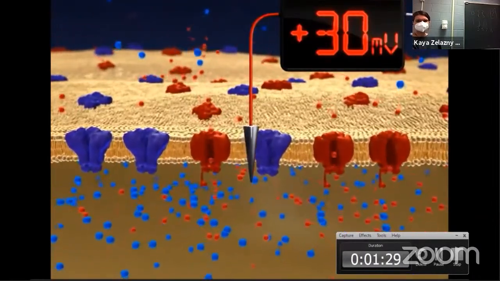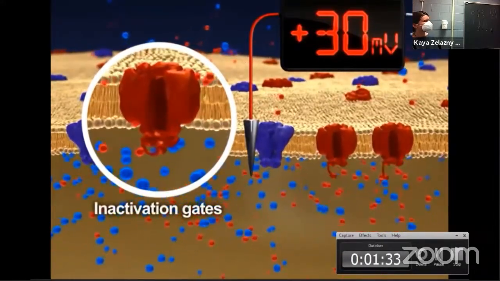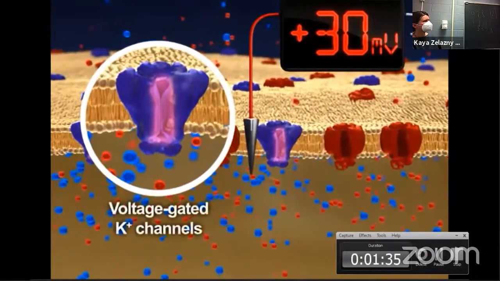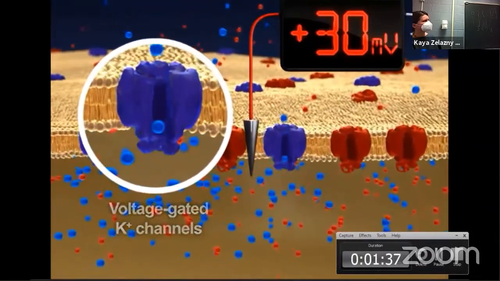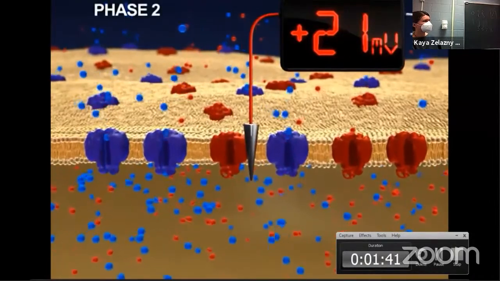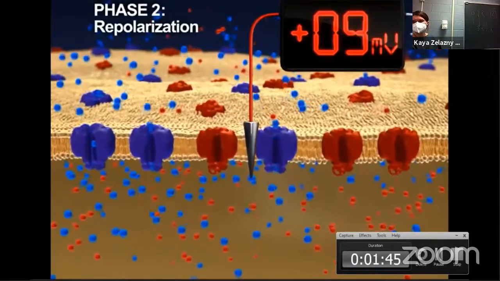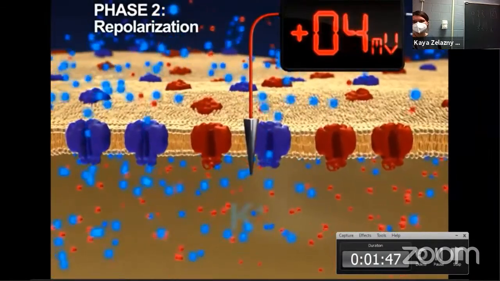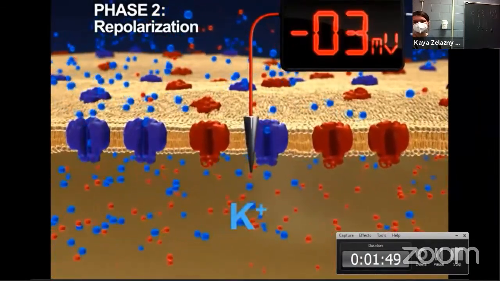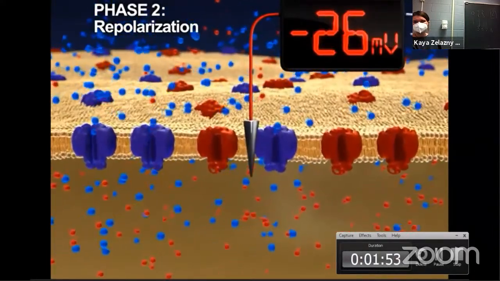Key events occur. The inactivation gates of voltage-gated sodium channels close and voltage-gated potassium channels open. These two events mark the beginning of phase 2 of the action potential, known as repolarization. As potassium ions diffuse out of the axon, the membrane potential becomes negative again.